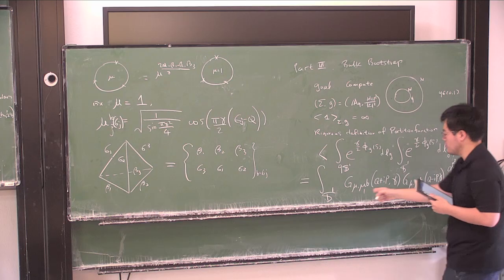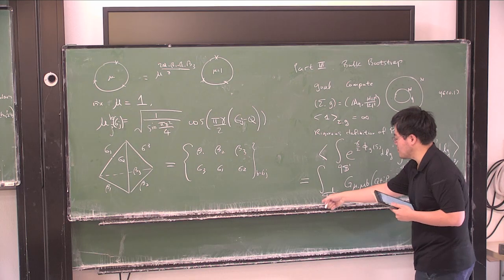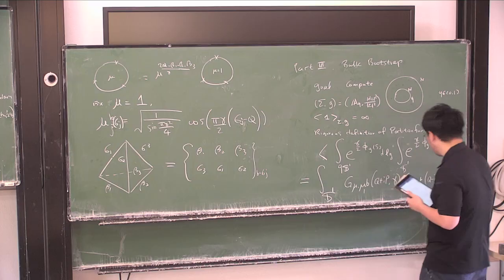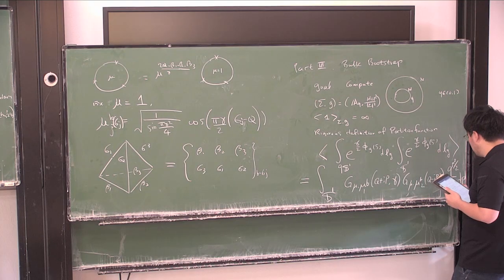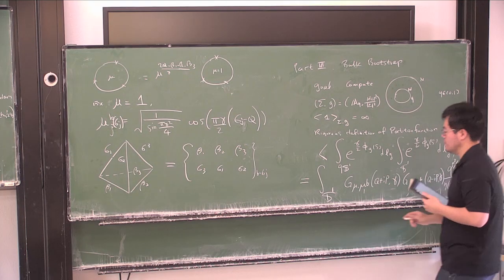You do the integration over P along some line. I will explain this is called the Liouville spectrum, and divided by the Dedekind eta function.